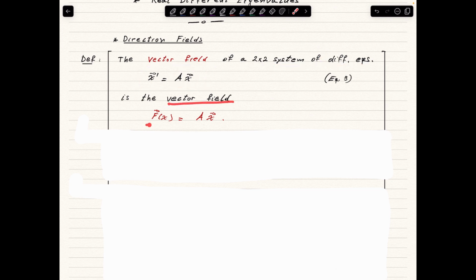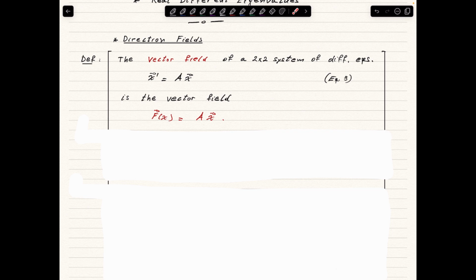This is a vector valued function that for every vector x, the matrix vector product gives you a new vector that we call f. So the right hand side of the equation defines a vector valued function that is a vector field.